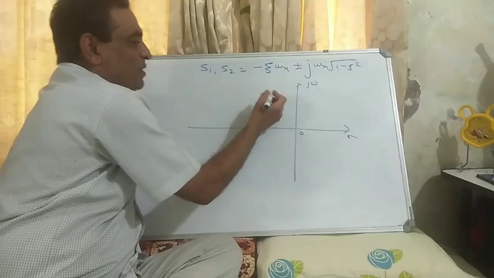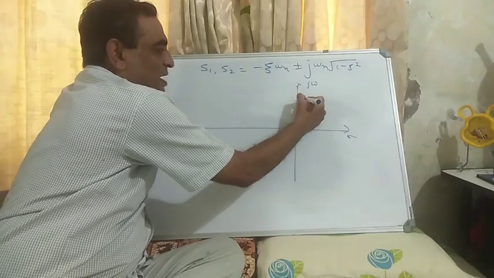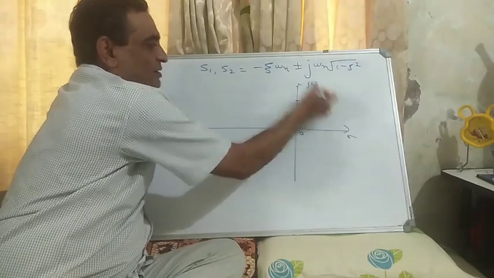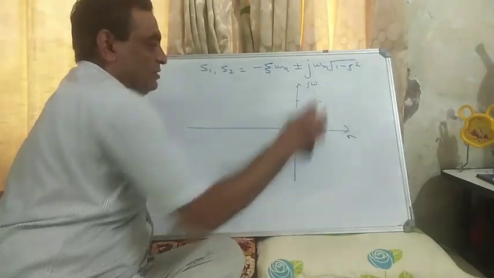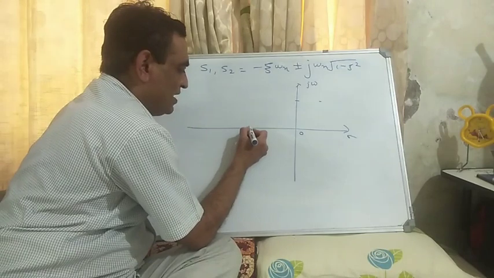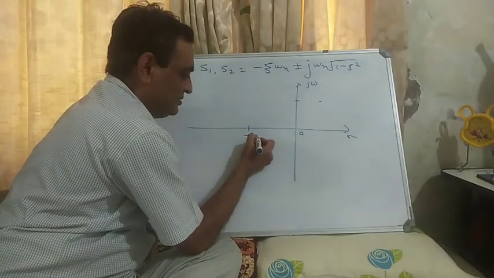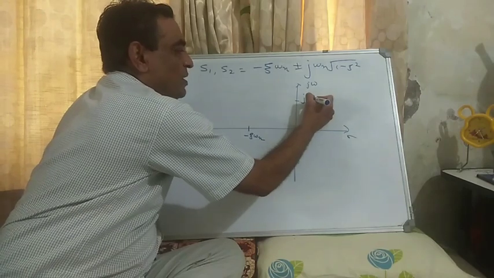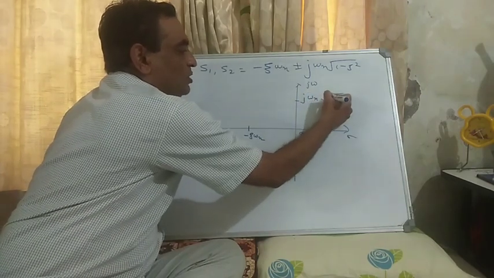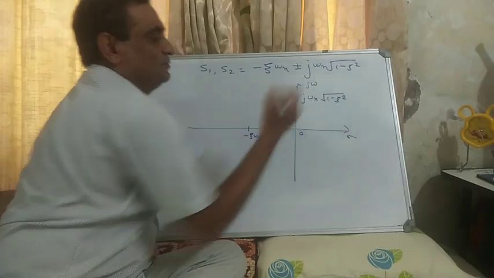So minus xi omega n is this real part, and this is j omega n into under root of 1 minus xi square.